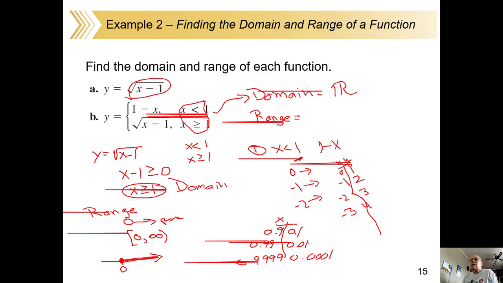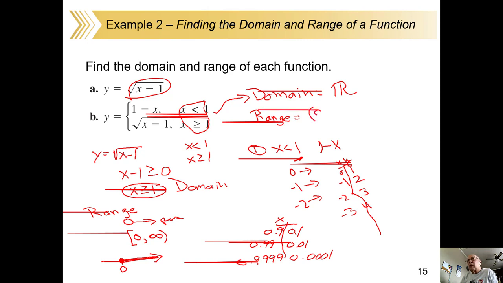So what does the range look like for this one? The range for this part of it, I can't use the 1, but when I get something close to it, it's almost 0. Almost 0.